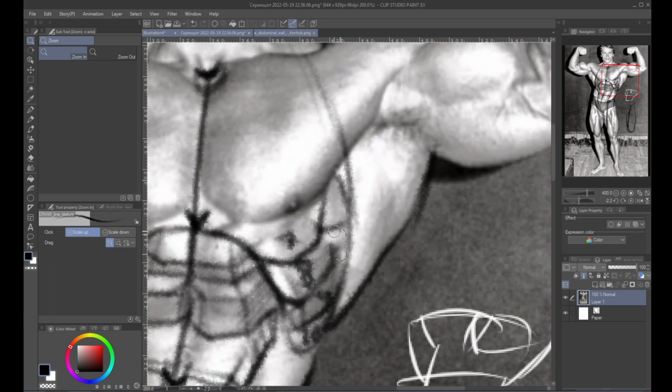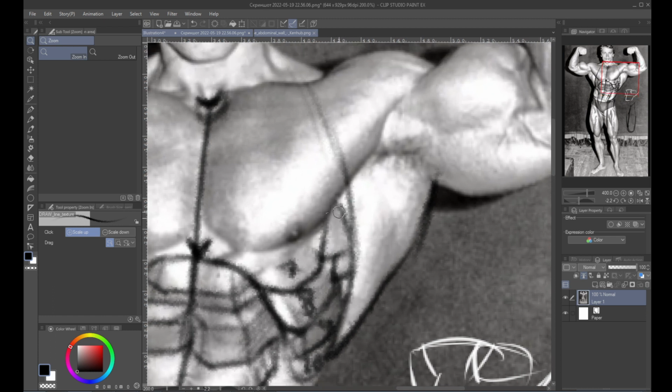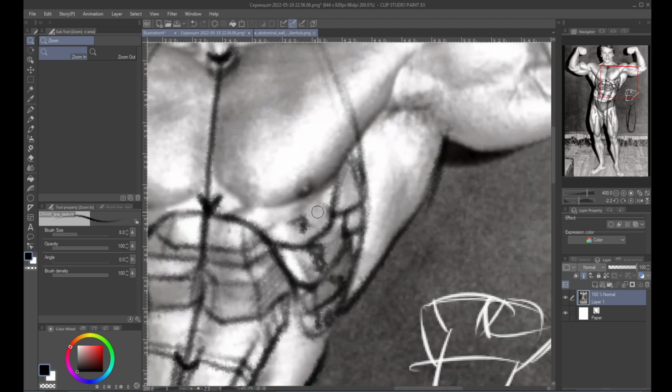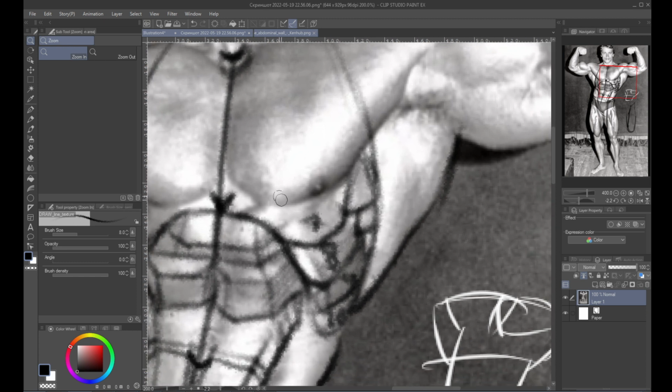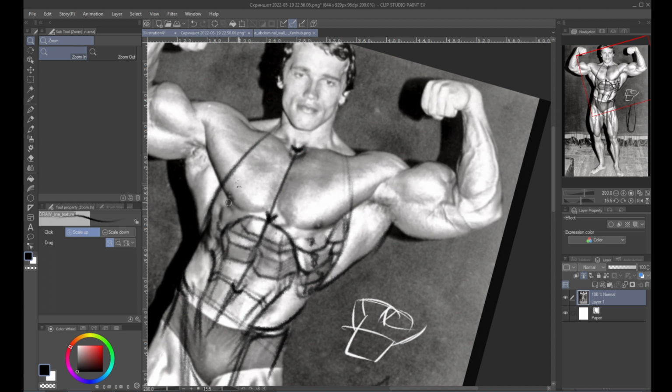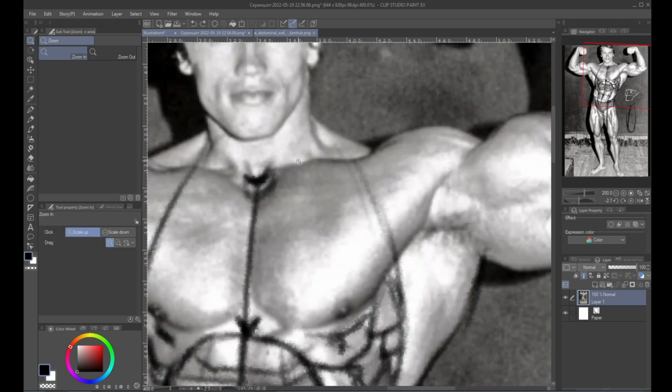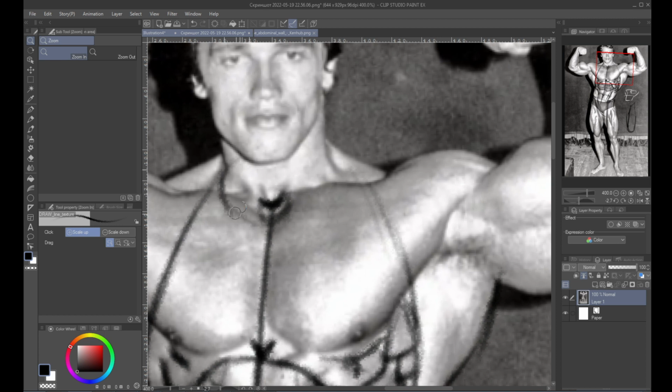It is pretty useful to actually know how to count the ribs, because the serratus, this muscle, is attached between the ribs from 1 to 8, and we need to know how many we can actually see in every possible situation. So here's, for example, the 6, and we will return to this when we start drawing our own drawing.